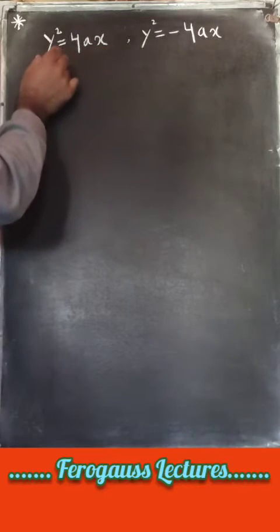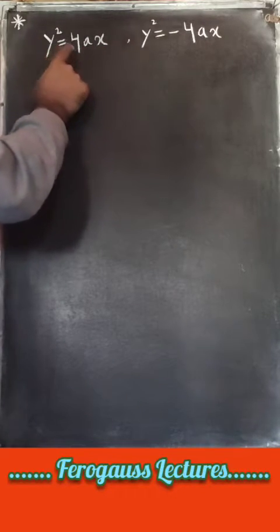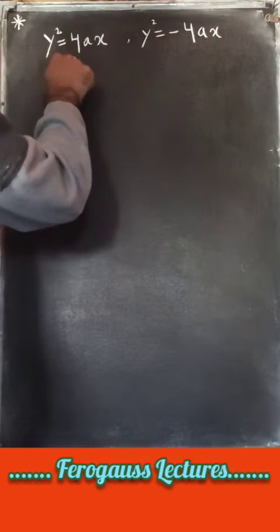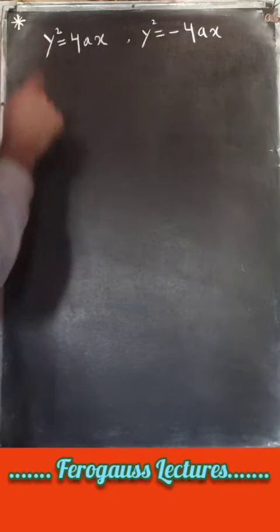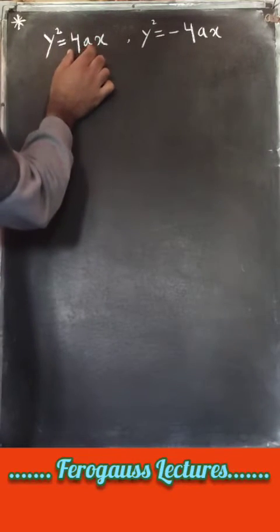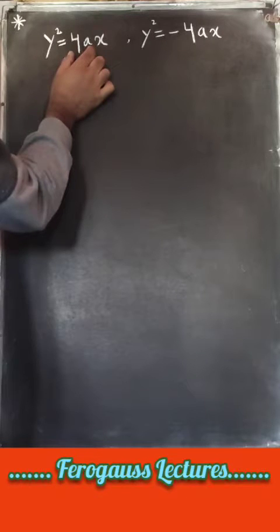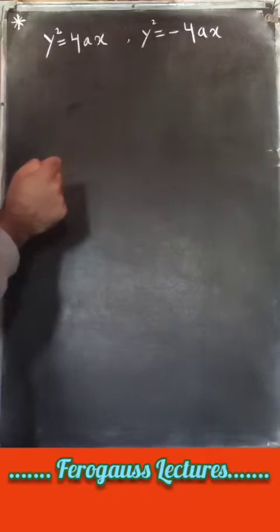Here we have y square. So in this case, the axis of the parabola is along x-axis, or we can say the parabola is symmetric about x-axis. Now if 4a is positive, then axis is along positive x-axis.